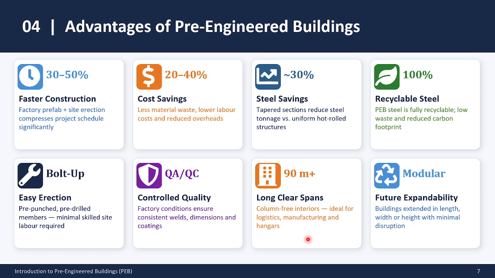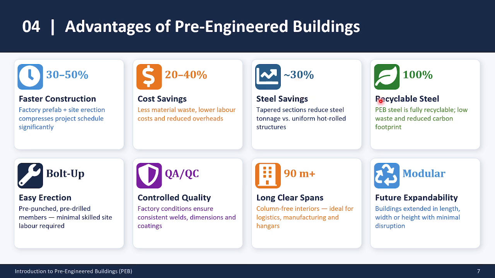Why choose PEB? The numbers speak very clearly, which I am showing here. The construction is 30 to 50% faster than conventional methods. Overall cost savings are 20 to 40%. The steel usage is reduced by approximately 30% due to tapered sections.